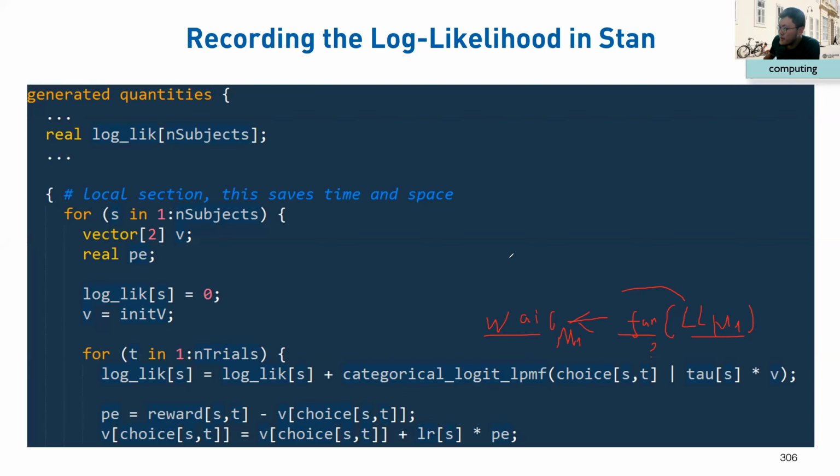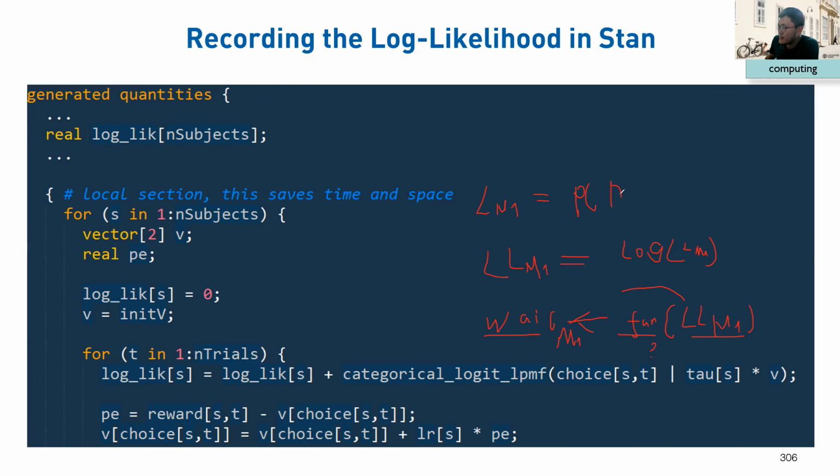So what is a log likelihood? One step above, we are trying to calculate the log likelihood of model 1. That essentially means the log of the likelihood of model 1. Okay, log likelihood, the log of the likelihood. So what is the likelihood of model 1? That is this.